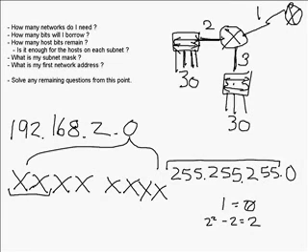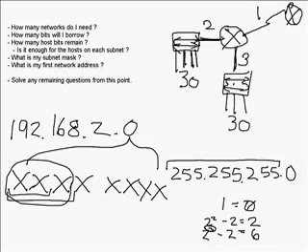If I borrow 3 bits, 2 to the 3rd is 8 minus 2. And what is 8 minus 2? That's 6 networks available. How many do I need? I need 3. So I have to go with borrowing 3 bits. So I'm going to have to borrow these 3 bits here to perform my subnetwork design.